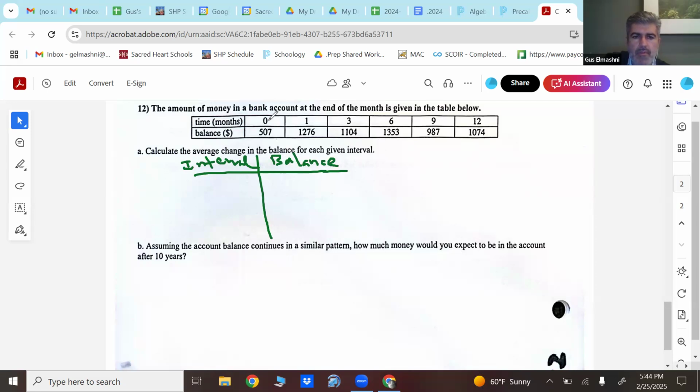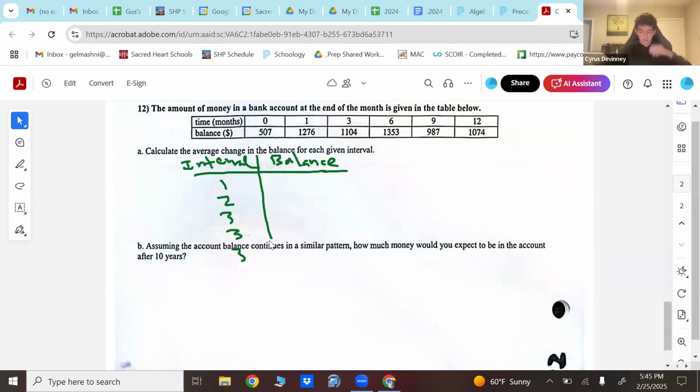Obviously this interval is from 0 to 1, then 2, then 3. You have 1 interval, 2 interval, 3 interval, 4 interval, 5 interval.